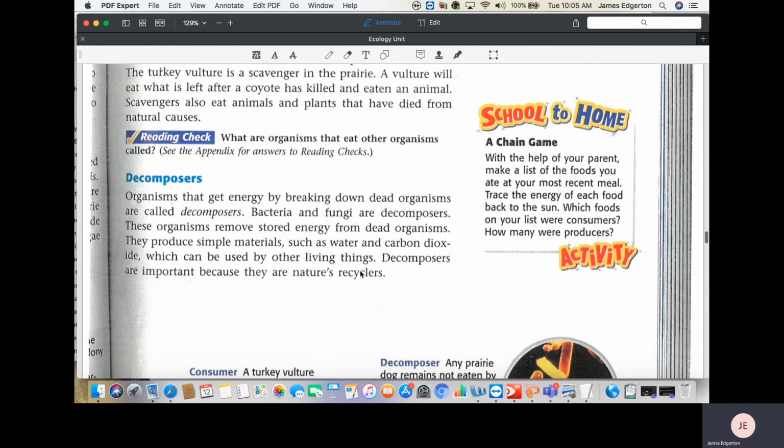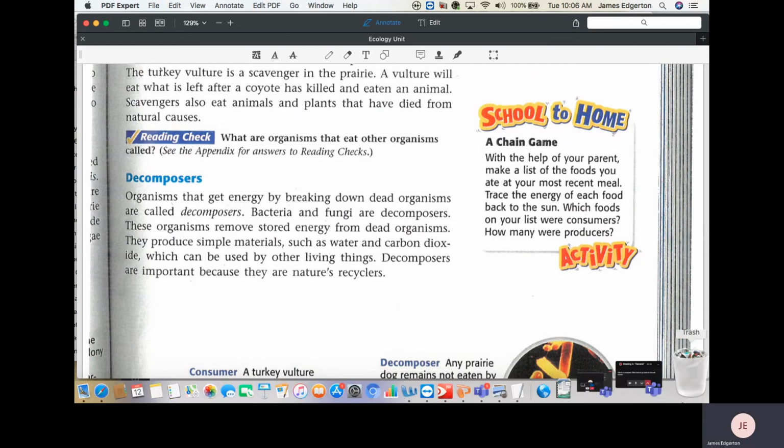And then decomposers: fungi and different types of bacteria that will chemically decompose dead organisms, but they are not considered carnivores. They use chemical means to absorb and break down dead objects.